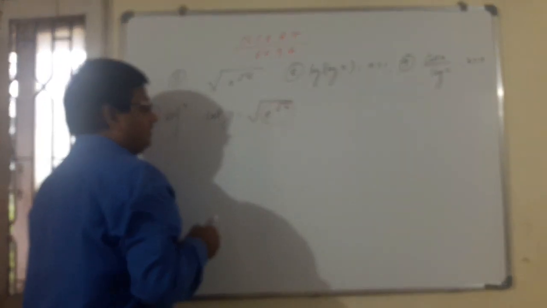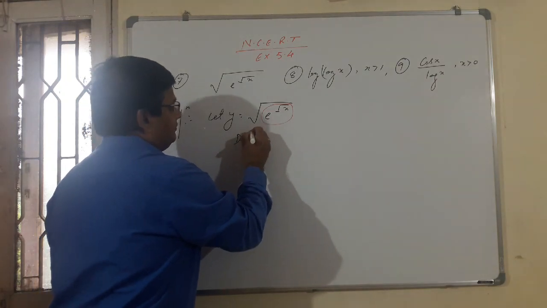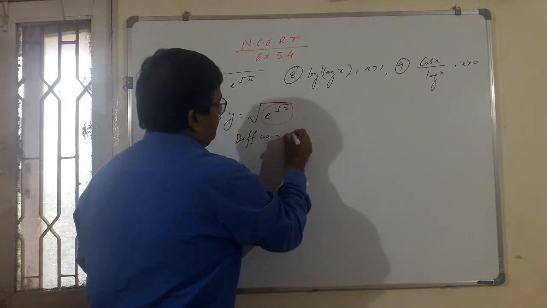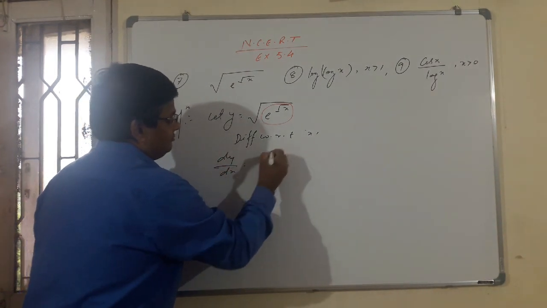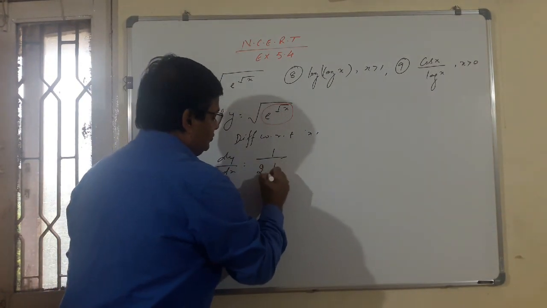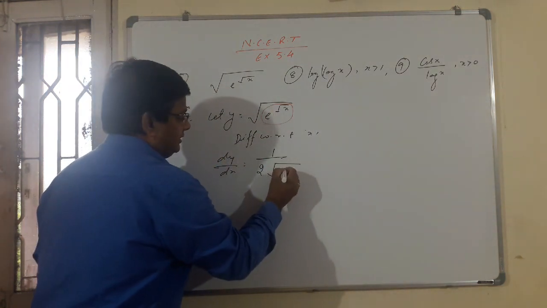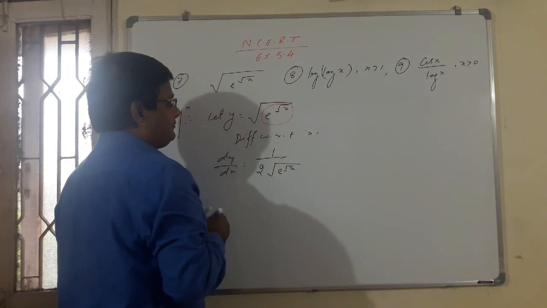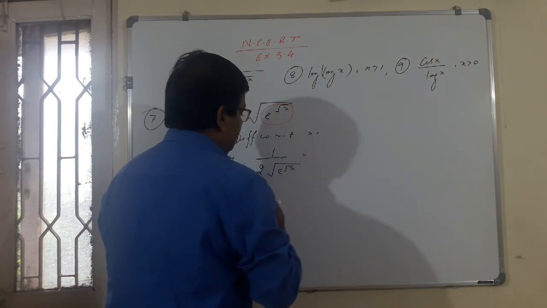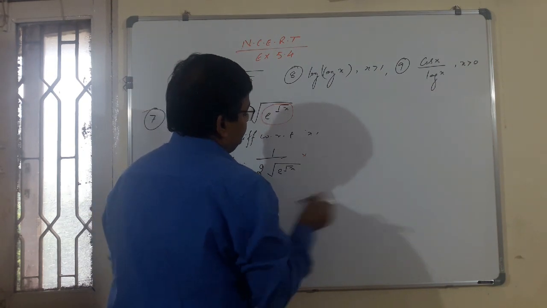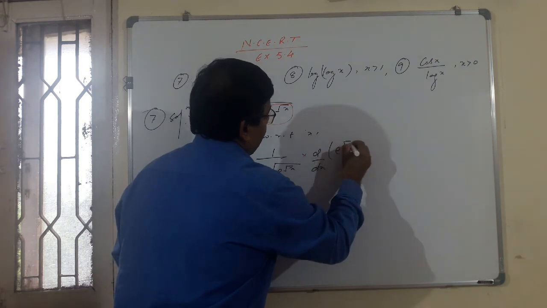We know that differentiation of root z is 1 by 2 root z, differentiating with respect to x. dy by dx is equal to 1 by 2 root z, and then after that, differentiation of z. What is z? Z is e raised to the power root x.